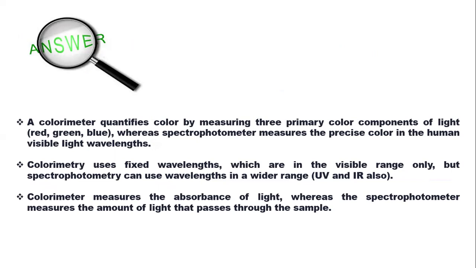Colorimetry uses a fixed wavelength, in the visible range only, but spectrophotometry can use wavelengths in a wider region, such as the UV and also the infrared. The colorimeter measures the absorbance of light, whereas the spectrophotometer measures the amount of light that passes through the solution. Please, you should take note of the differences between the two.